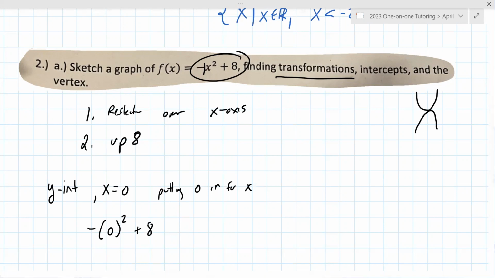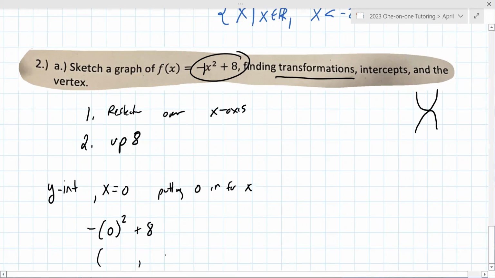The squared goes away with the x. You're squaring the number. So is the y-intercept 8? Yes. And what would the ordered pair be? 0, 8.